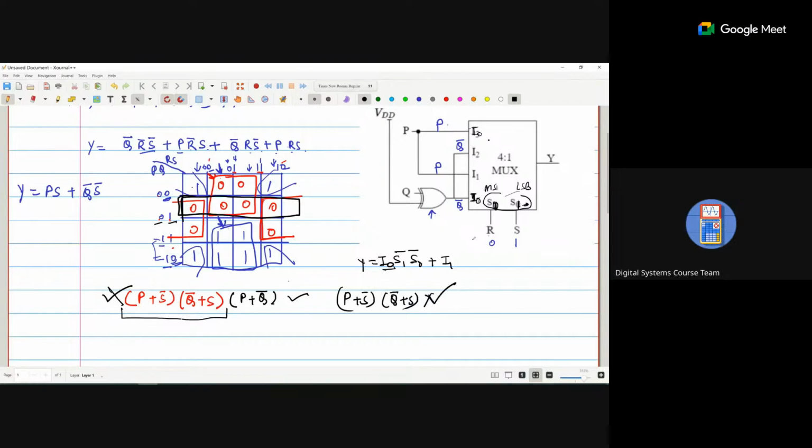But if I mistakenly write S0 here and S1 here, that doesn't mean that if I select 0, 1, it will be I1. It is always I2. Why? Because S1 is 1. S1 is 1, S0 is 0, that means I2, not I1. Understood, or should I repeat it again?